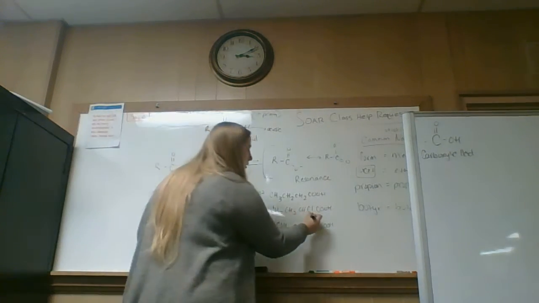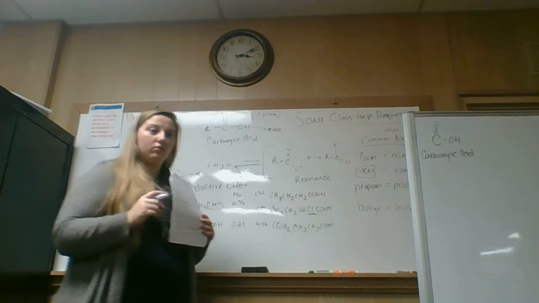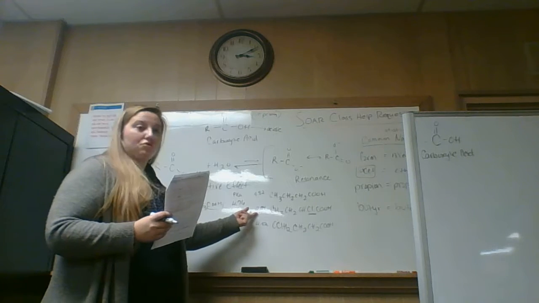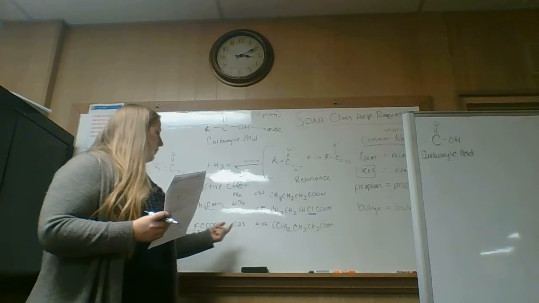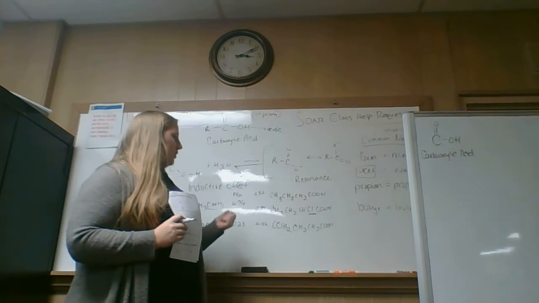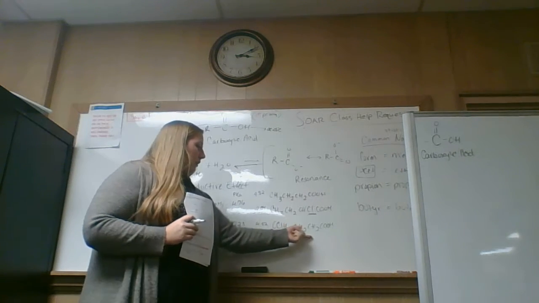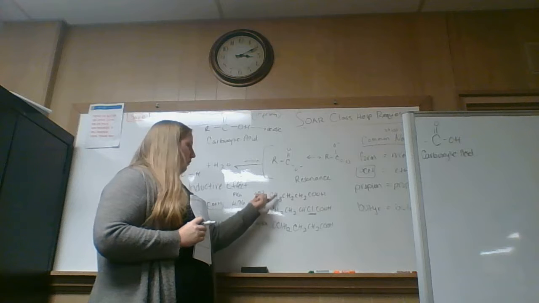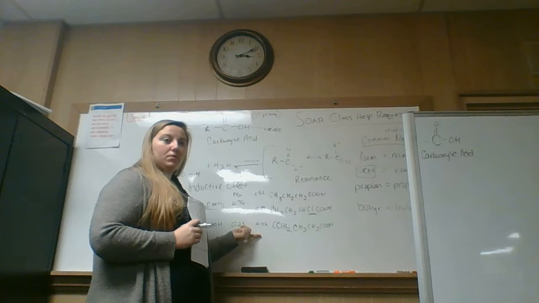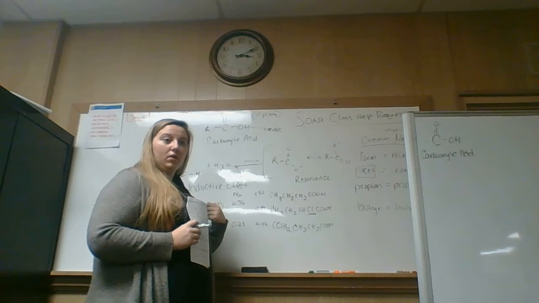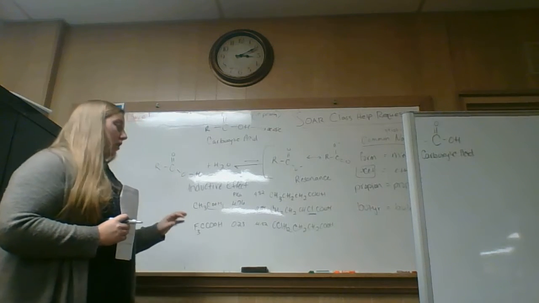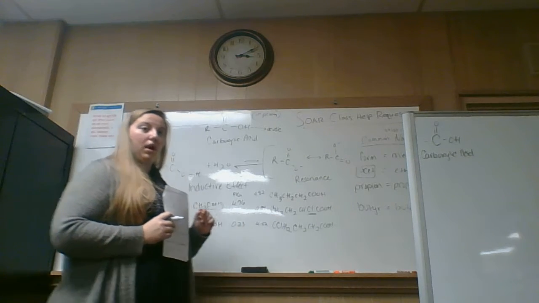Here, we've added chlorine, so an electronegative group right next to the carboxylic acid. We see a drastic drop, right? Not so much as having 3 fluorines, but still a pretty drastic drop. Here we've moved the chlorine to the farthest carbon, and it's almost back up to where it was without a chlorine group. So inductive effect: the number of electronegative groups and the distance from the carboxylic acid.